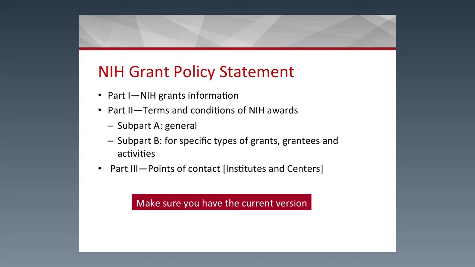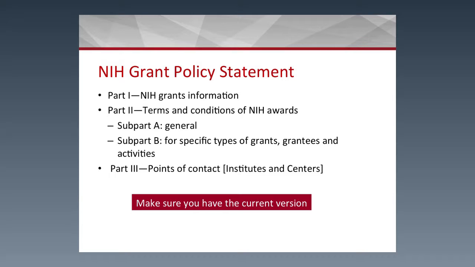You will have access to this document through the NIH website. It takes you step by step and gives you guidance. It is divided mainly into three parts. The first part gives you the NIH grants information, which is general information.